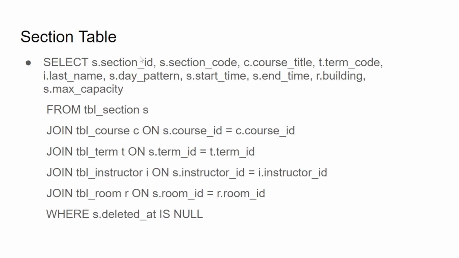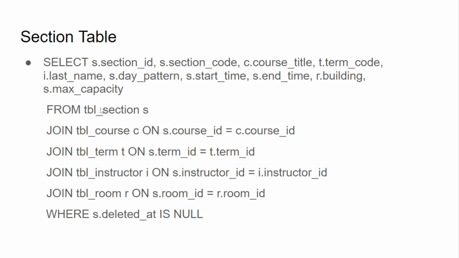So for the section table, it contains foreign keys from different tables. You can see here we have a lot of join statements. We selected all the values from the section table first, and then the different columns or values from different tables.